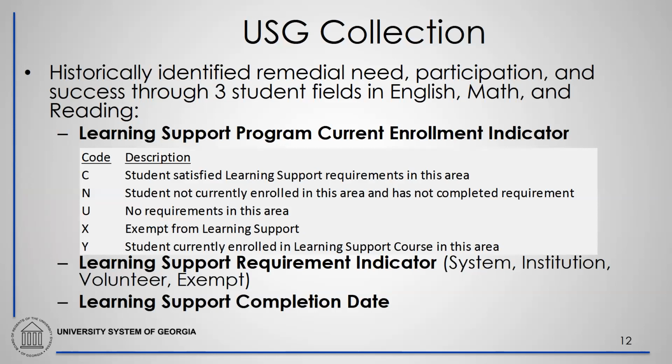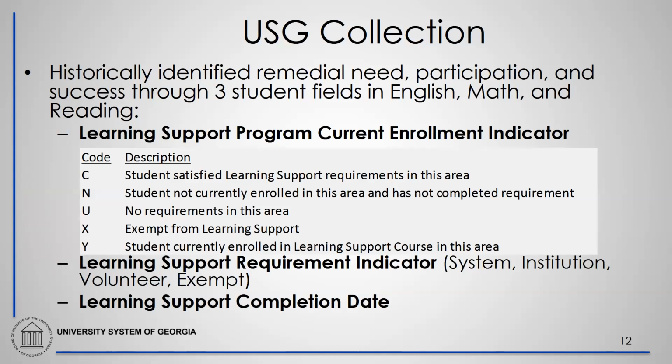If they surpass the system requirement, but the institution still requires them to take remedial courses, then they would use an I. And we have this funny volunteer category. If you are not required at all, but you show up as being enrolled in remediation, you get tagged with a V for a learning support volunteer, to show that you actually enrolled in it, even though you weren't required.